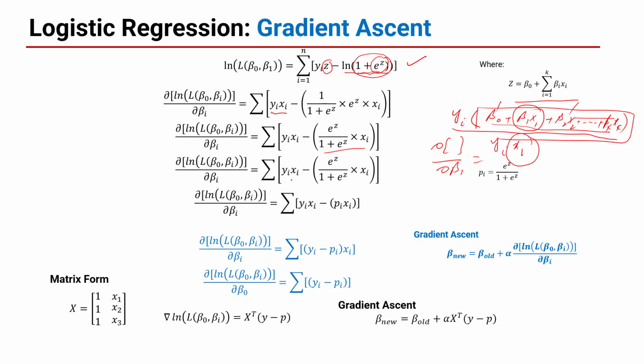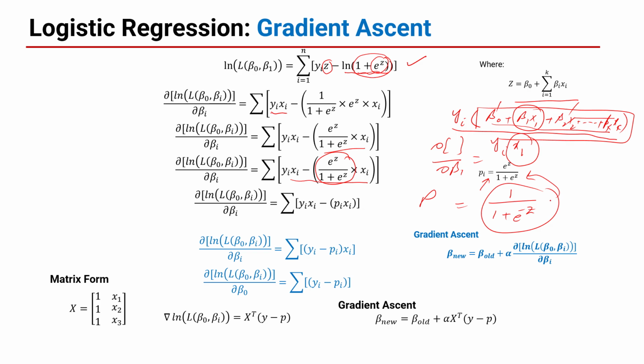Now if we simplify this, I am just rewriting this term, and you can see that this is equal to the probability. How is it equal to the probability? As we have seen in the sigmoid function, that is 1 over 1 plus e power minus z. So this element is equal to this one as well. We can write the sigmoid function this way too, as I mentioned earlier.